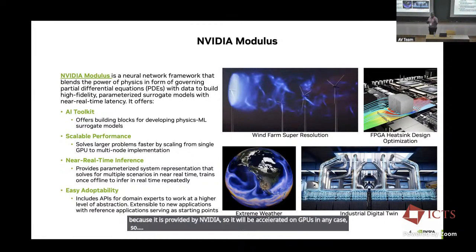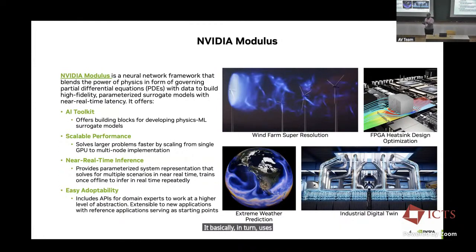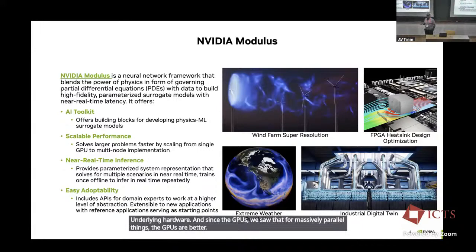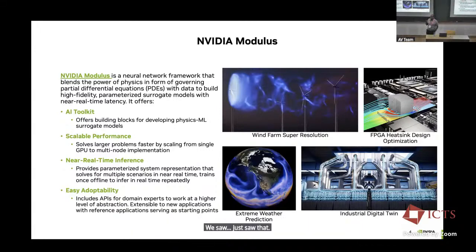It in turn uses libraries which efficiently utilize the underlying hardware. And we saw that for massively parallel things, GPUs are better. We just saw that in the previous lecture, right? That is why it is important to do this on GPUs, and it is built into this kind of platform, okay?